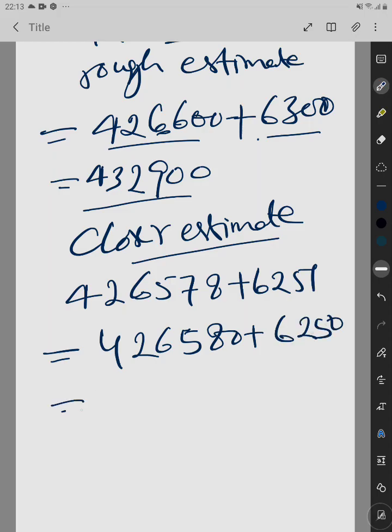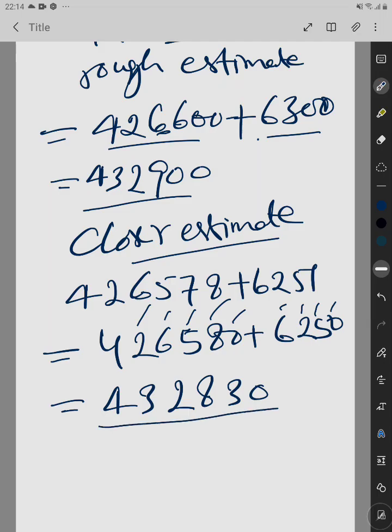Okay, so let's add up. 0 plus 0 is 0, and then 8 and 5 will become 13, 1 carry over. Then 5 and 2 is 7, 1 carry over added, so 8. Then 6 and 6 will be 12, and 2 is coming here, and 1 carry over, so 1 carry will be added to 2, will become 3, and the 4 is added. Okay, so this is the closure estimate.